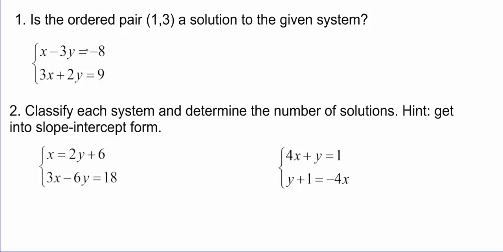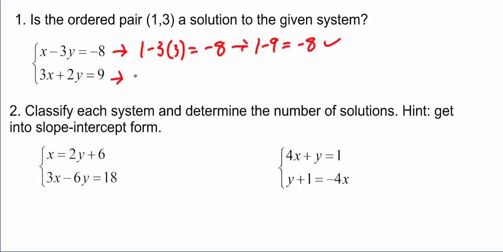Is the ordered pair 1, 3 a solution to the given system? Well, let's see. For this to be a solution, 1, 3 has to work not just for one, but for both equations. So we're going to test both. I'm going to do x is 1, y is 3 equals -8. So this is 1 minus 9 equals -8, and that works. Okay, so far so good.